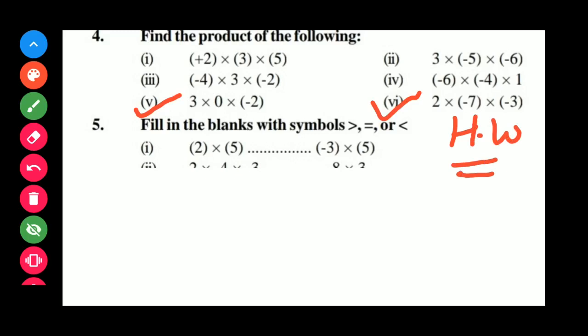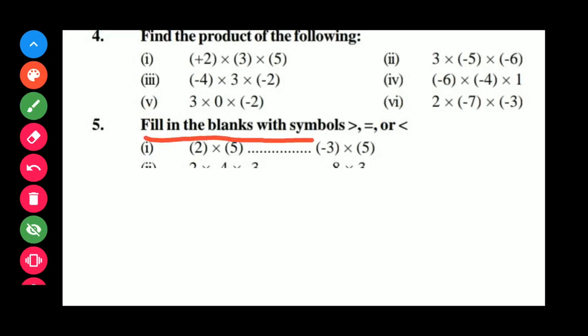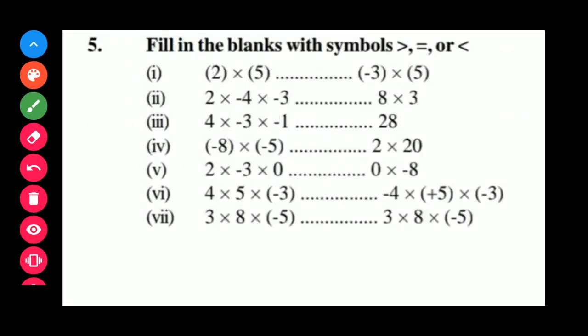Now come to the fifth question. Fifth question, fill in the blanks with the symbol greater than, equal to or less than. You have to fill up these symbols in this exercise. So how can we fill the first part?